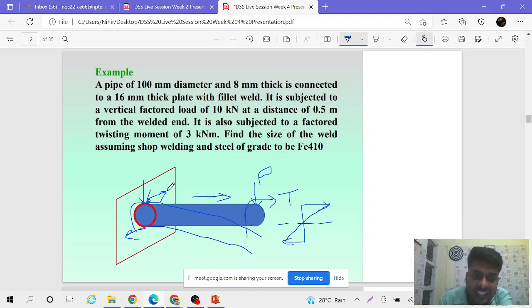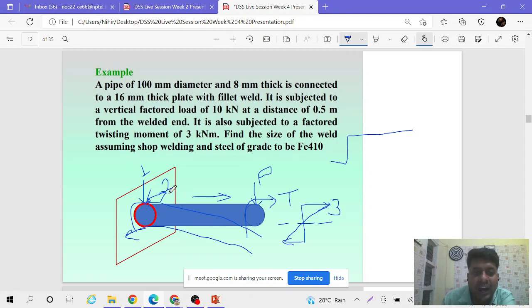The generation of stress due to this torsion is a type of shear stress, and because of this direct load, one more shear stress was generating along this direction. So these two are shear stresses which are acting on this plane. First of all, you have to calculate the resultant stress because of these two stresses. Let us call this stress 1 and this stress 2, and this stress 3.